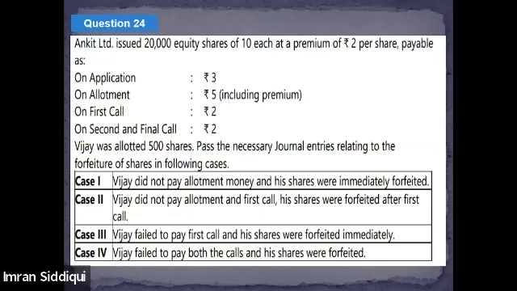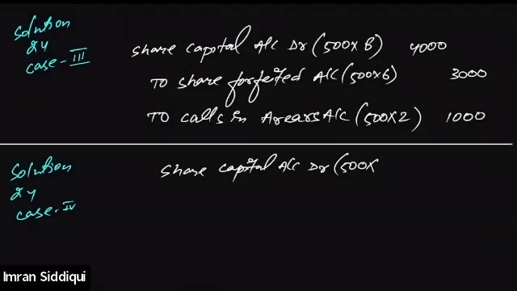Since it says Vijay failed to pay both the calls, that means the company has asked him to pay the final call as well. That means total called up value, in this case, is 10 rupees. Is that clear, everybody? Share capital account will be debited by 5,000. Is that clear? Yes. Abin, Ayan, Mariam, Halima. Yes.